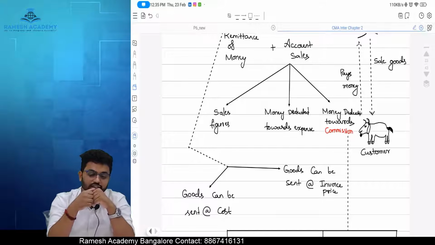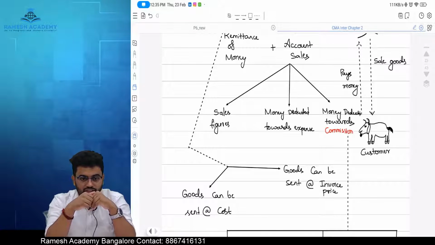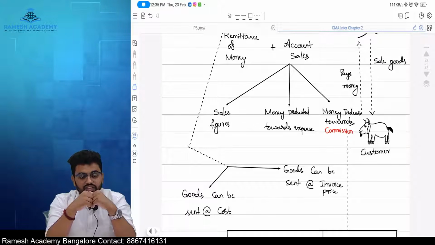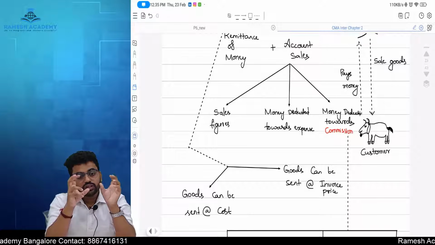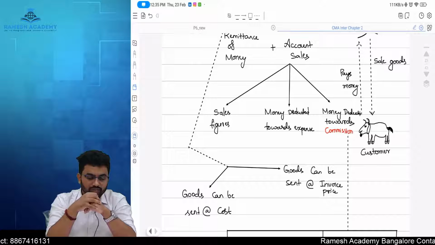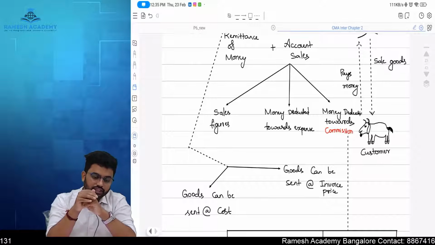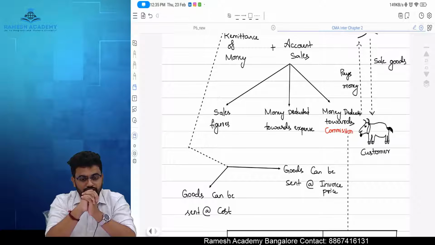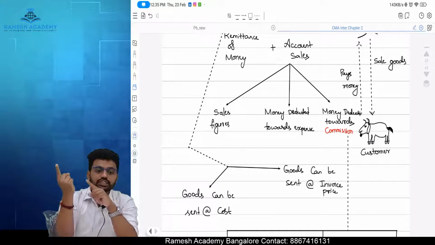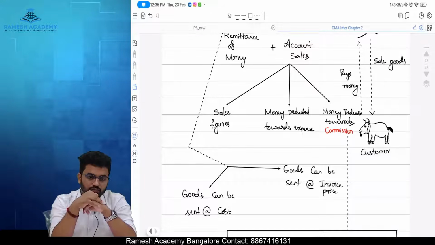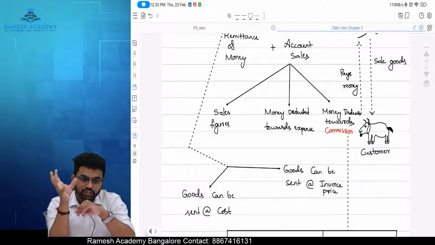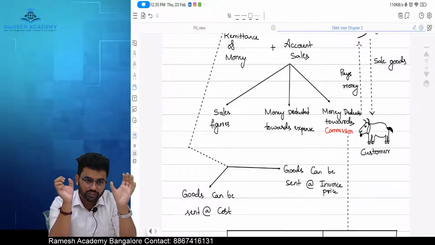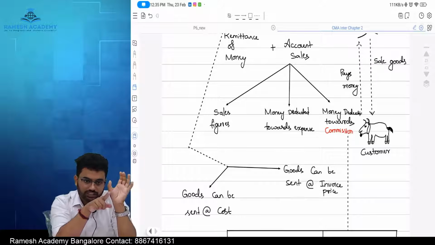Which means to avoid this kind of thing, we have to take out the loading from there. How to take out the loading, sir? When the opening stock is there, on the opposite side we have to write stock reserve. For example, opening stock is 125, 100 is the cost, 25 is the loading.